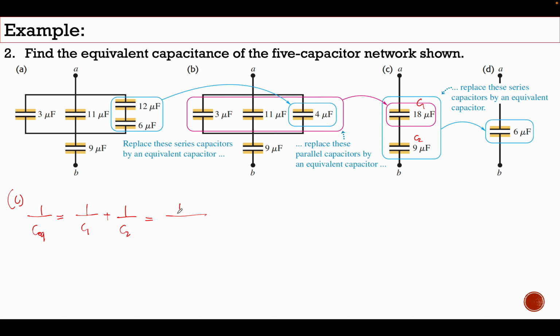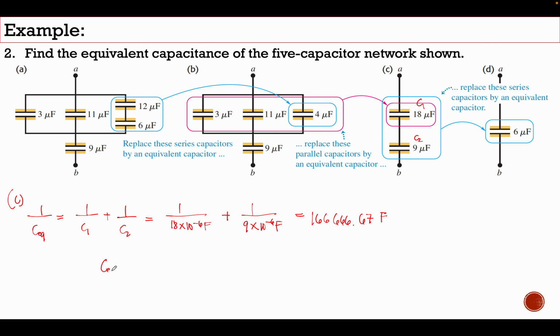So we have 1 over 18 times 10 to the power of negative 6 farad plus 1 over 9 times 10 to the power of negative 6 farad, which is equal to 166,666.67 farad. So again, this is 1 over C equivalent.